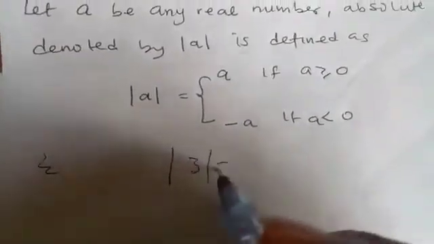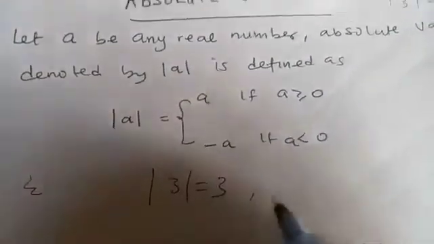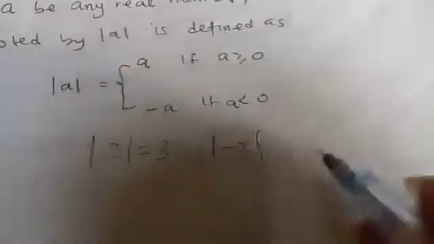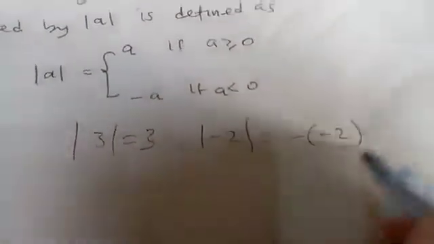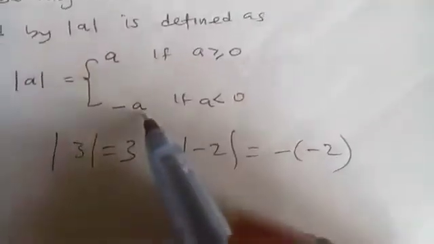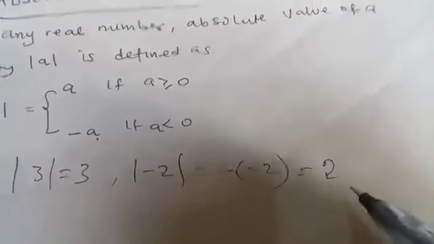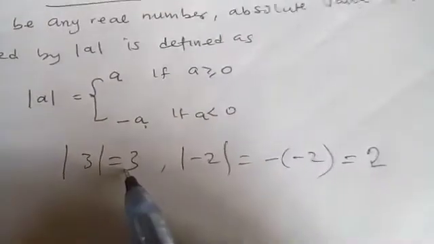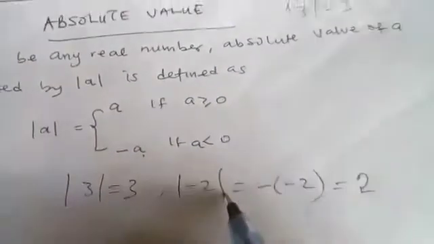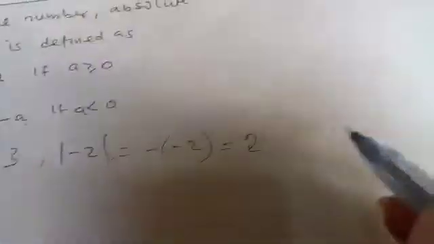That simply means the absolute value of 3 will be equal to 3. The absolute value of minus 2 will be equal to 2, because here our a is minus 2, and with the minus sign we get 2. Also, the absolute value of 0 is 0.